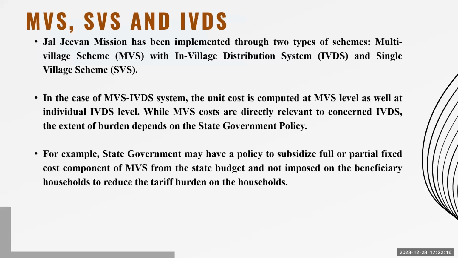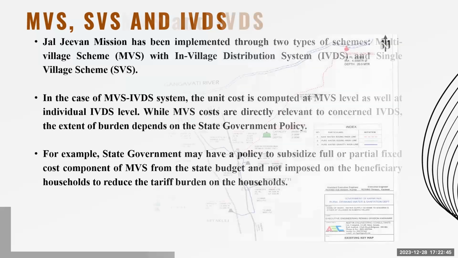Whether the total cost of MVS or the fixed cost of MVS should be borne by government or not is a question that the government has to clarify, so that it makes it easier to come up with the cost that needs to be charged to individual households. The government may have a policy to subsidize a partial or full cost of the MVS.